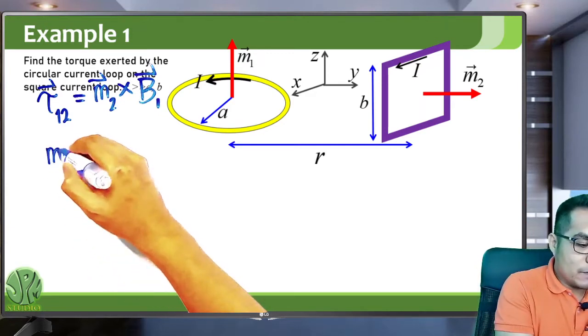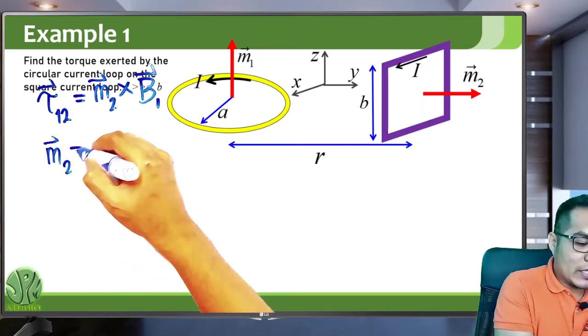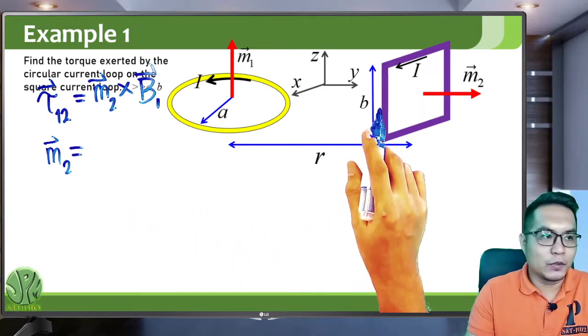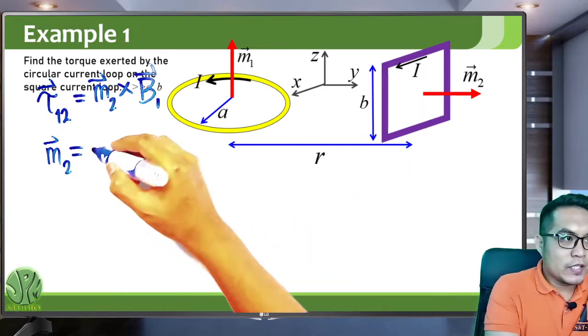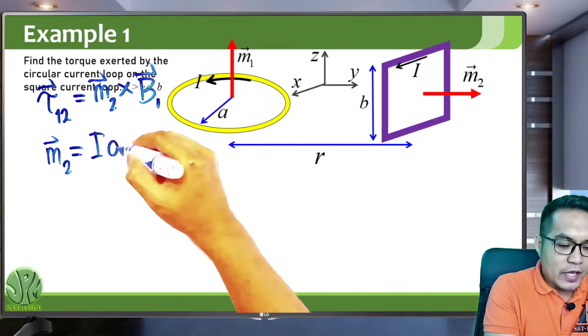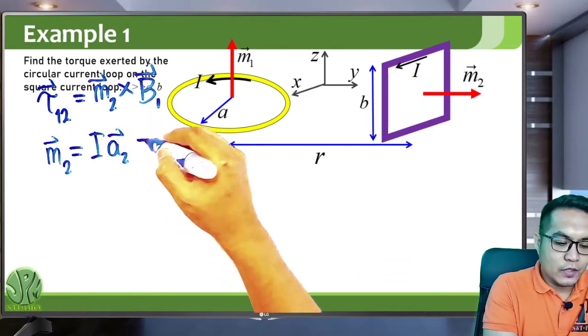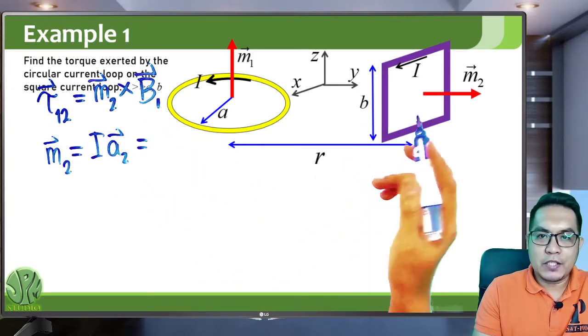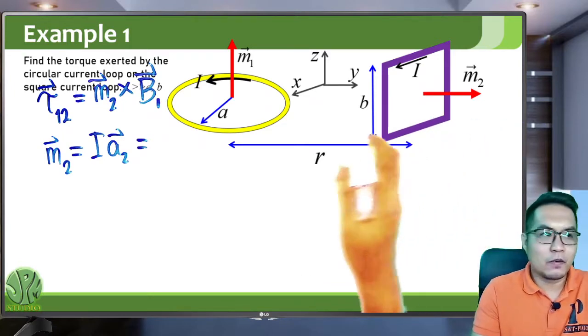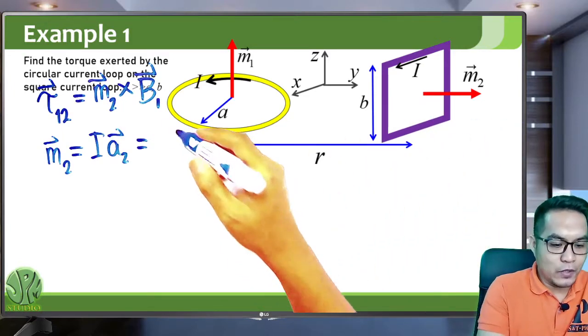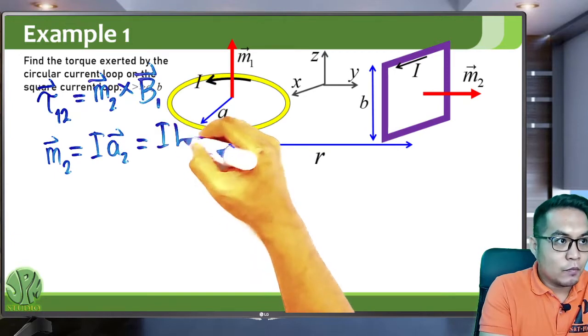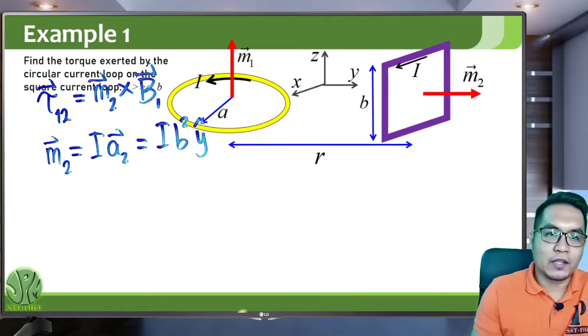What is m2, the magnetic dipole moment of the square loop? It's just current times the area vector of loop 2. The area is b squared, and its direction is along the y axis. So you will get I b squared y hat.